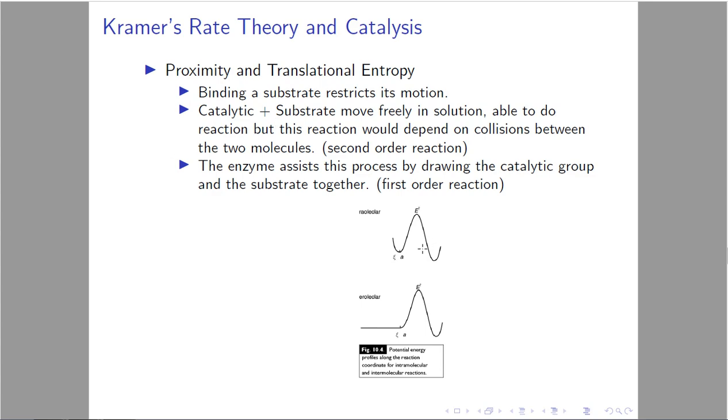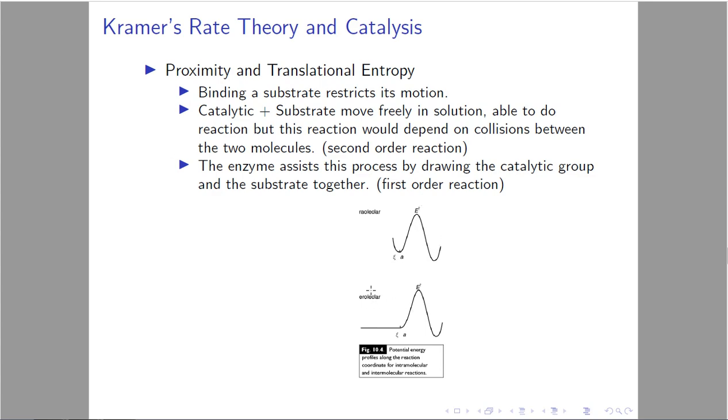Okay, so here we can see the potential energy of the intramolecular case. Here we have a P_A, so it gives the probability of reaching this activation energy and producing the product.